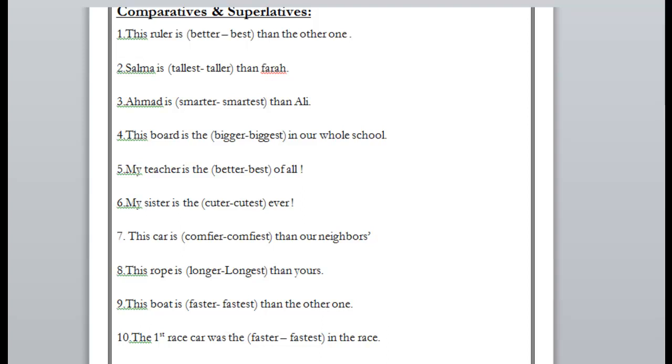Okay, got it? Now let's take the superlatives. So superlatives, from the name, it's super, it's the best of all, right? When you say this is the best, the best means the best of all, right?